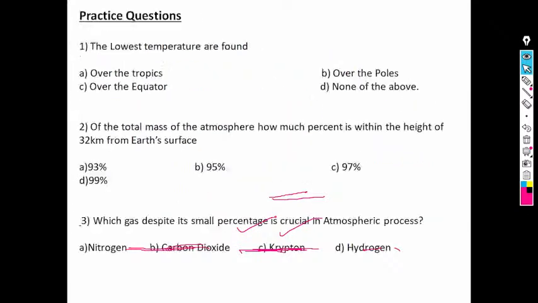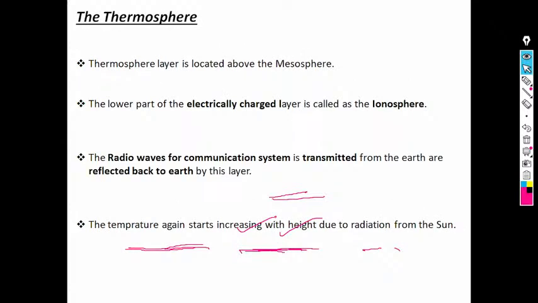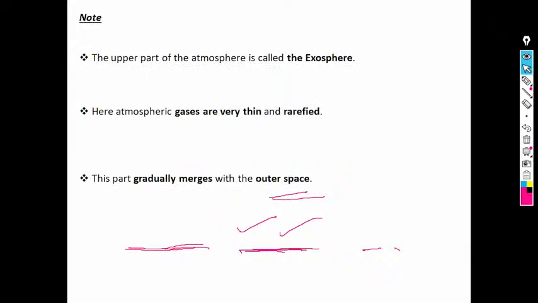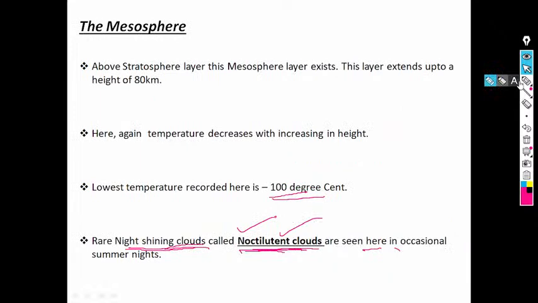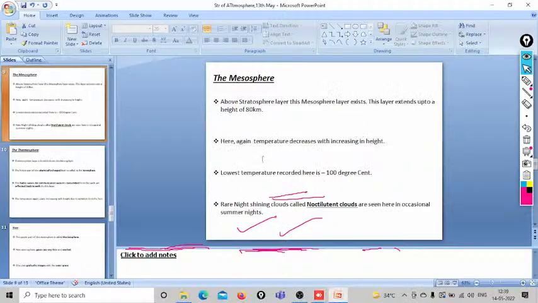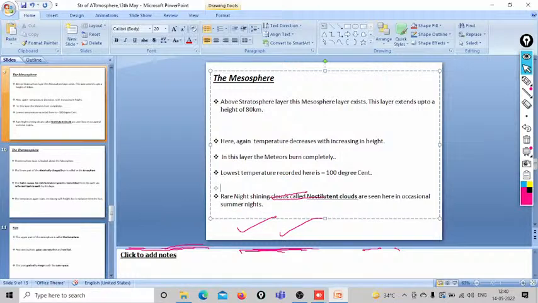Next, we see the thermosphere. One thing I have to add here: in this layer, the meteors burn completely.